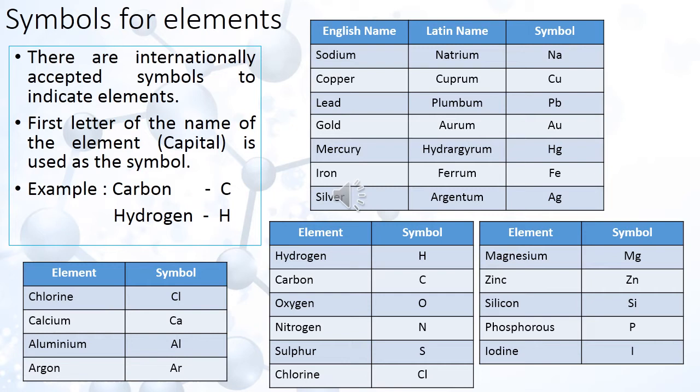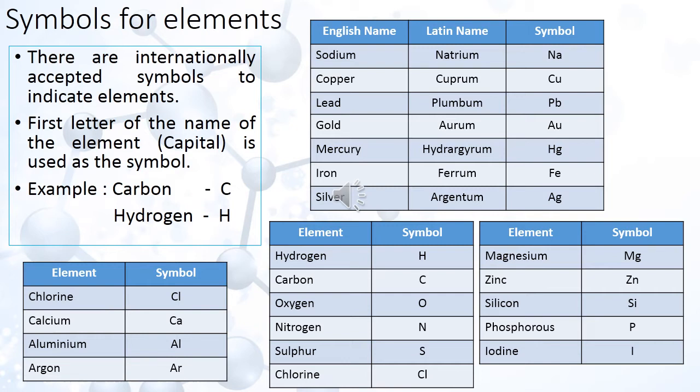Sometimes you are getting elements starting from the same letter. At that time, how we are using the symbols for these elements? For example, this table.